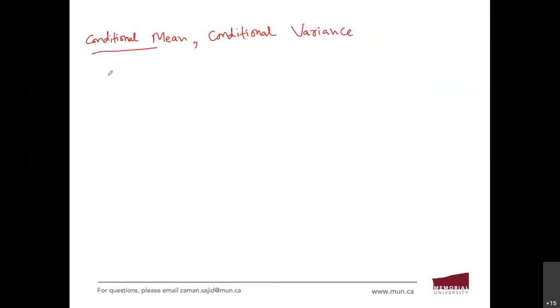Now I will start from this one, conditional mean. The expected value of y given that, now as I said, it should be the lowercase now, is equal to expected value of your y given that x is equal to x, or I can also write it down as the mu for the mean.